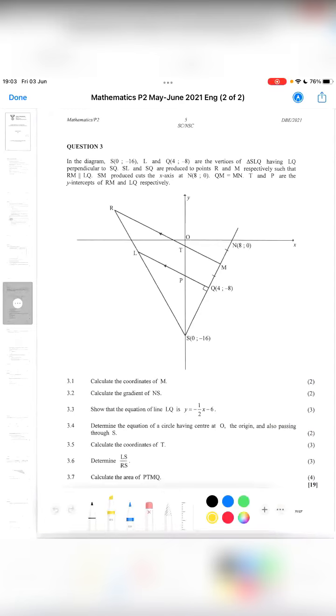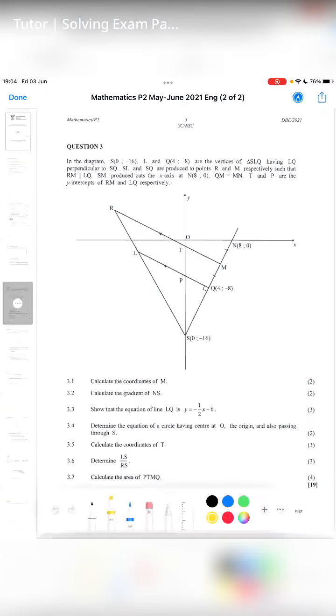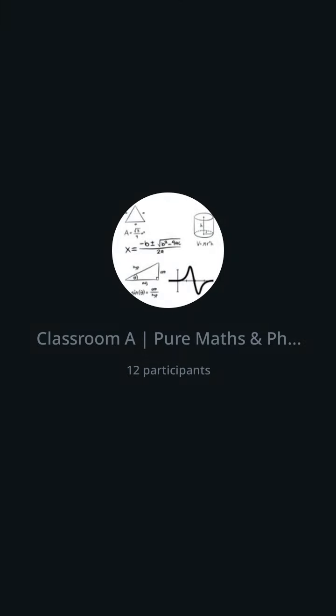By so saying, please make sure that by the end of each and every lesson that I conduct, you learn something new. Okay, so obviously I've indicated that we'll be looking at your mathematics paper 2.